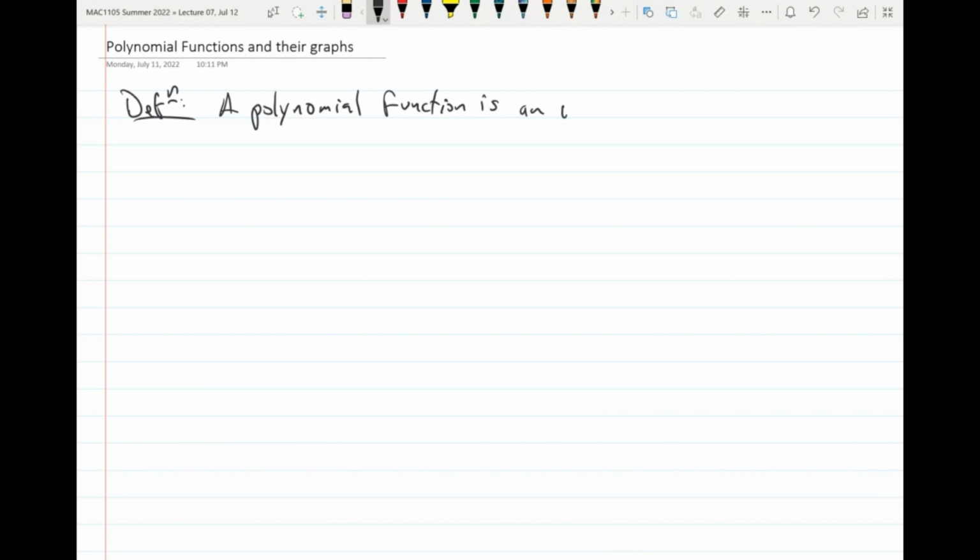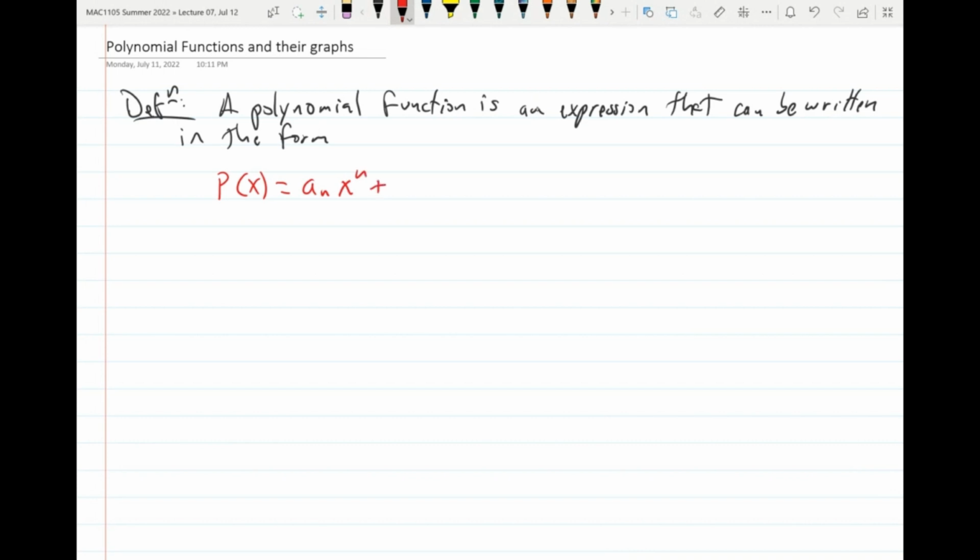So it's an expression that can be written in the form, and then let's see, I call it P of x, P for polynomial, a_n x^n plus a_{n-1} x^{n-1}, and so on, plus a_1 x plus a_0.